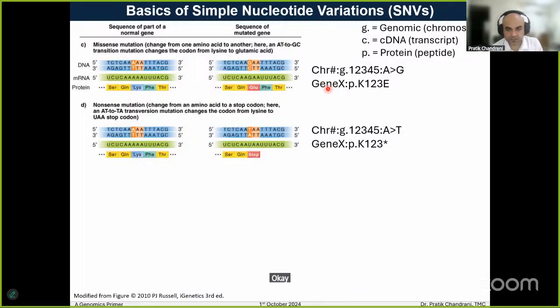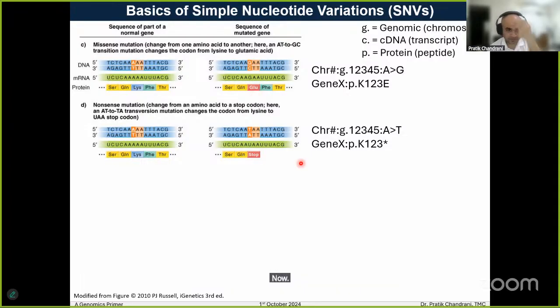At the transcript level or protein level, we can write the transcript name or protein name. Let's say this is protein TP53, then this is TP53 p dot K123E. It is a K to E mutation.